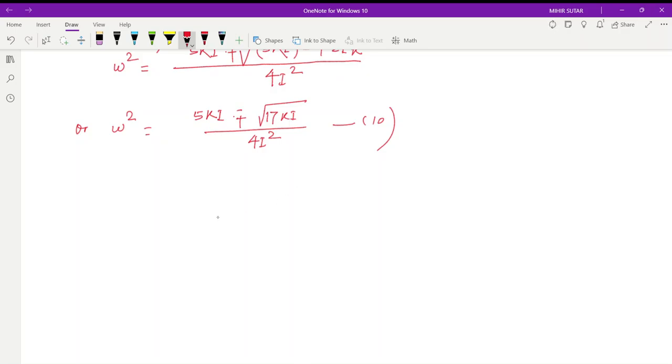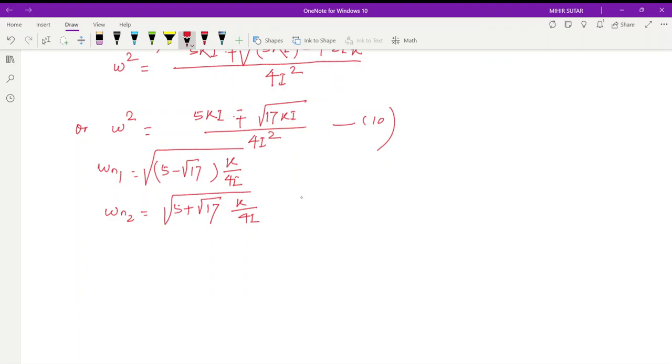Now this will give us two values of natural frequency. Omega n1 will be root over of (5 minus root 17) k by 4I, and omega n2 will be root over of (5 plus root 17) k by 4I radian per second.